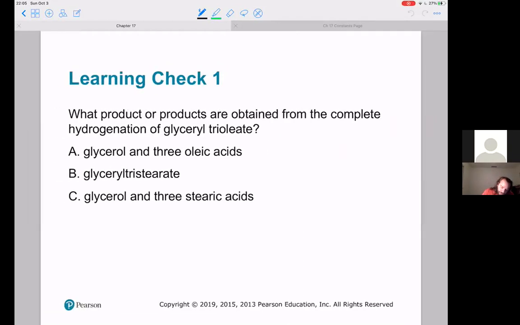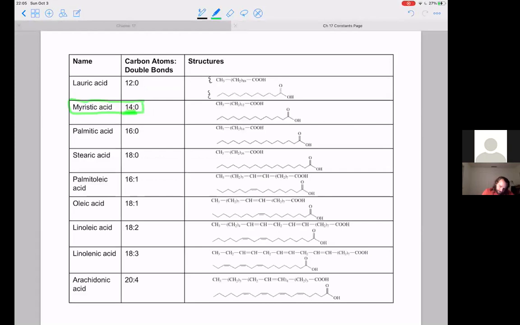It's going to contain the glycerol component, then you have an ester bond to these fatty acids. Which fatty acid are we talking about? Well, the trioleate lets us know that we're talking about oleic acid. Oleic acid has 18 carbons and 1 degree of unsaturation.